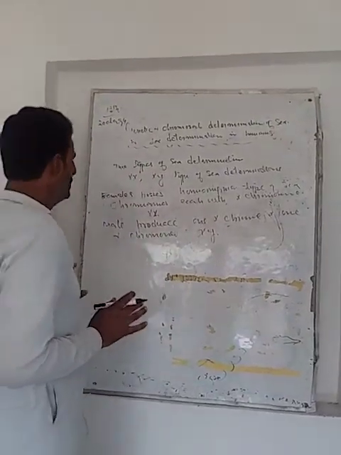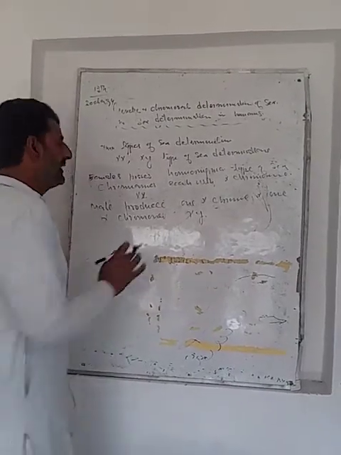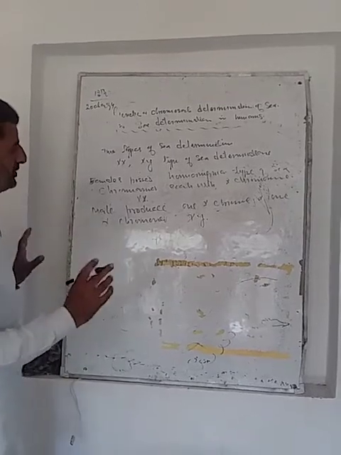Now it is clear to you. In females, they are the same, X and X chromosome, and in males, they produce one X and one Y chromosome.